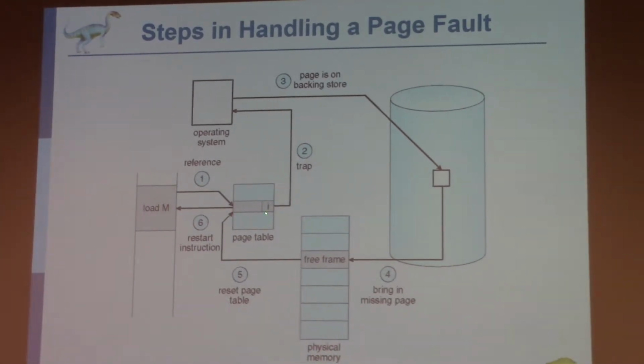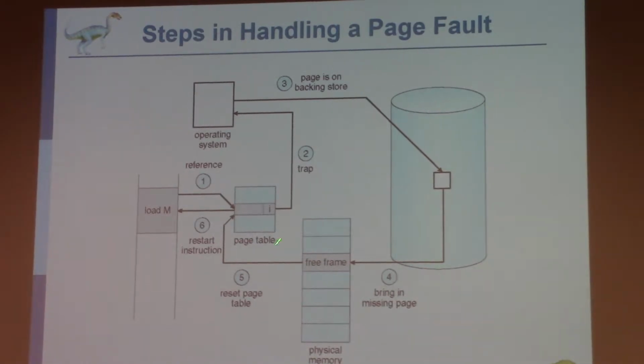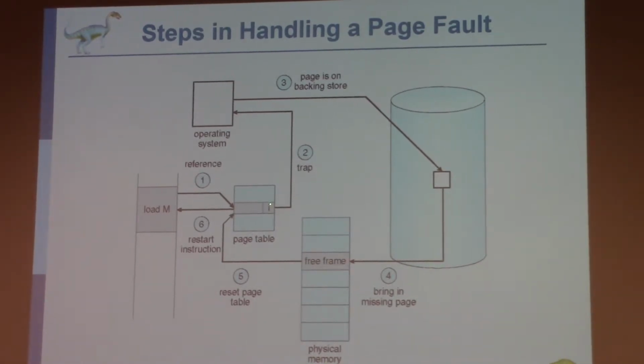Then you need to update the page table. This one will be set as valid, with the mapping between logical memory and physical memory. Then finally, continue the instruction. This is how it works in case of a page fault.